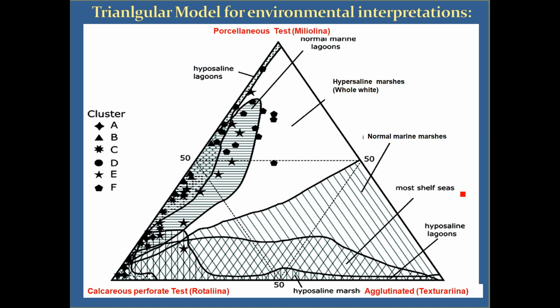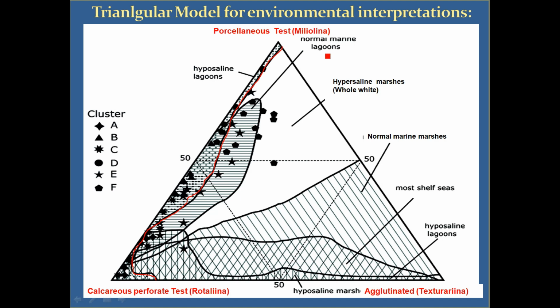What we do, we count the percentage of these foraminifera and we plot in this triangular diagram, and we can see that the cluster of points of different environmental conditions will fall in different regions. For example, if the samples are from hypersaline lagoon, they will fall inside this linear tract in the triangular figure.